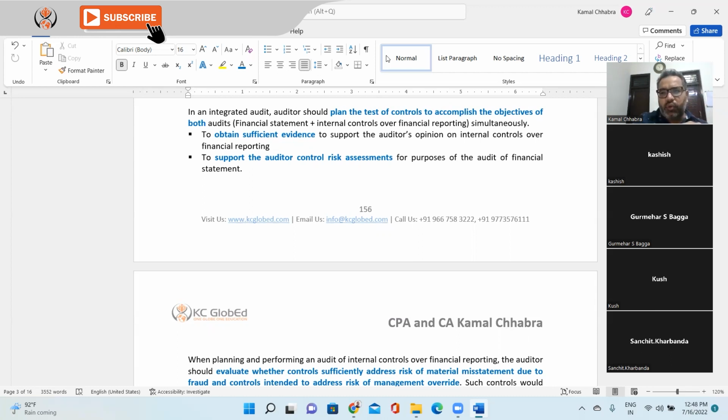We test the attributes. So we'll come in detail to what exactly we are testing in controls. And in test of detail, we test the value. So the same sample you can select and use for testing the attribute for the controls, and the same sample we can use for the test of detail as well for testing the value.